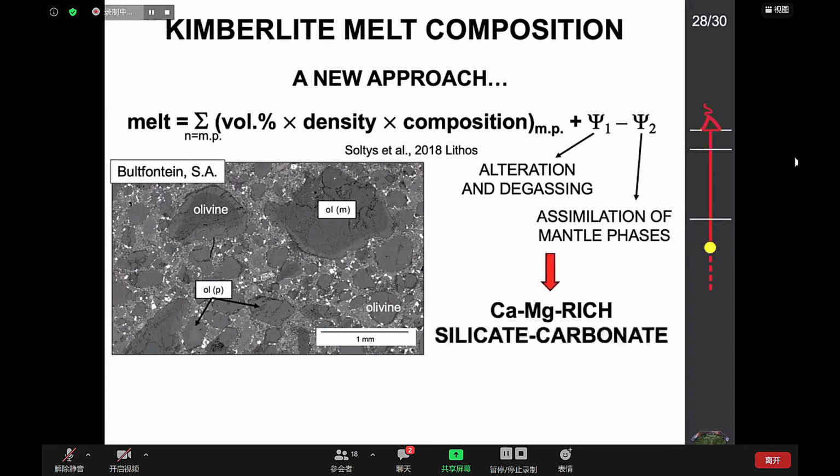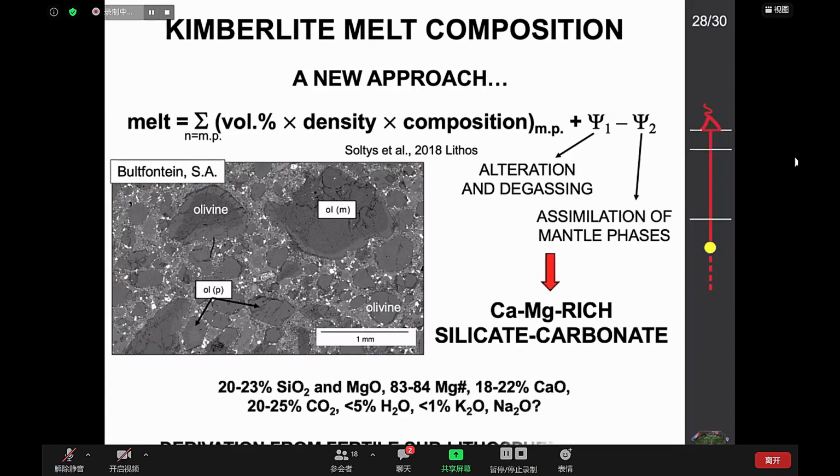We tested this for just one locality, a kimberlite in South Africa, and we came up with a calcium-magnesium-rich silicate-carbonate composition. So essentially something that is intermediate between the ultramafic melt composition proposed by Anton Le Roex and the carbonate melt composition proposed by Dima Kamenetsky and then Kelly Russell and others.